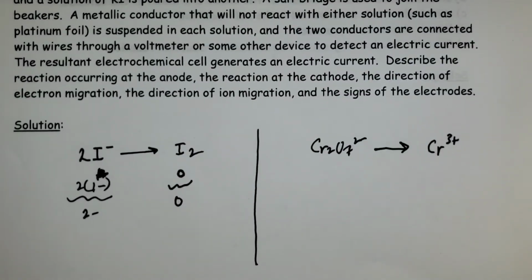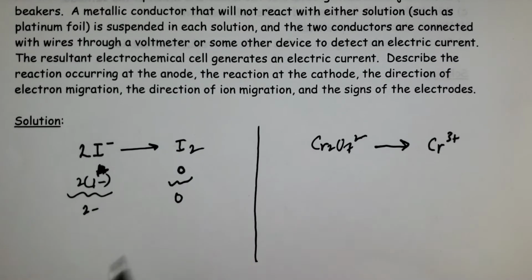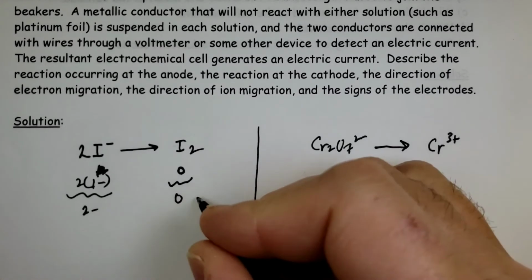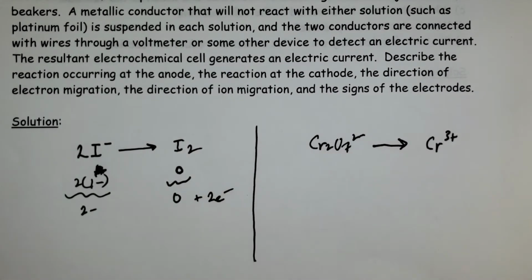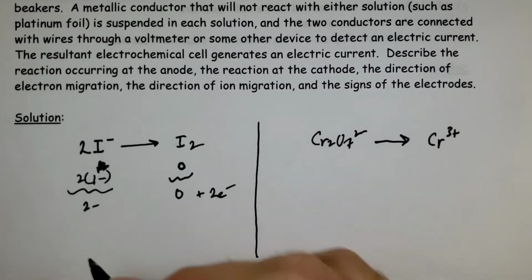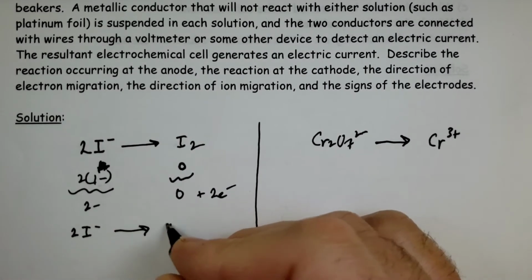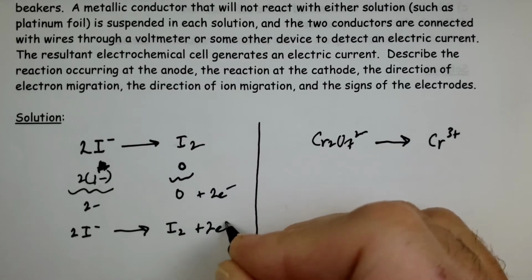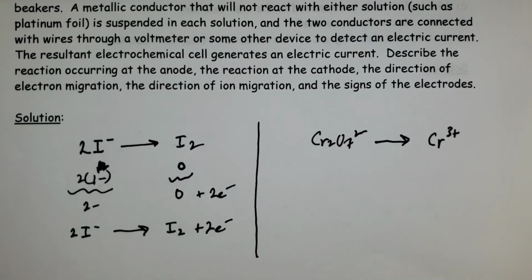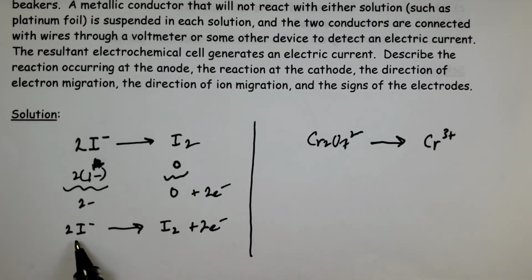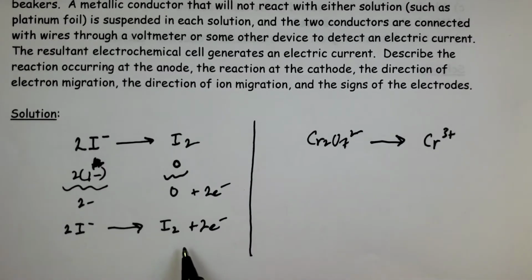So to balance these charges, we need to add electrons to one of these sides. Of course you add electrons to the more positive side. So this is the more positive side. If we add 2 electrons there, we will get what we need. So overall the reaction is 2I- going to I2 plus 2 electrons, just like what we did in the previous section. So that's the oxidation: the I- ions are releasing 2 electrons to become iodine.